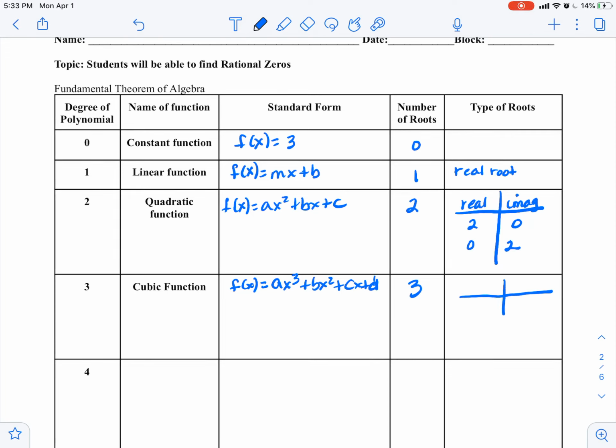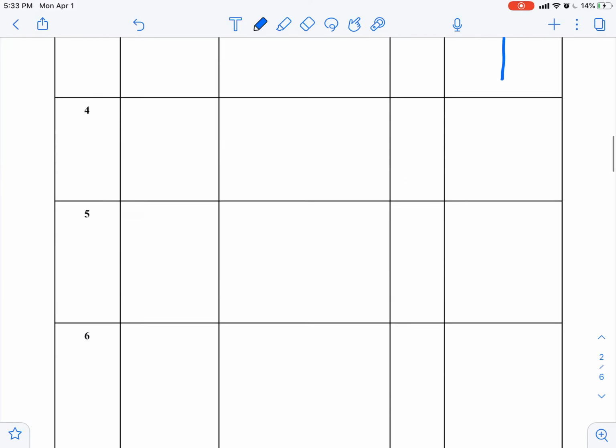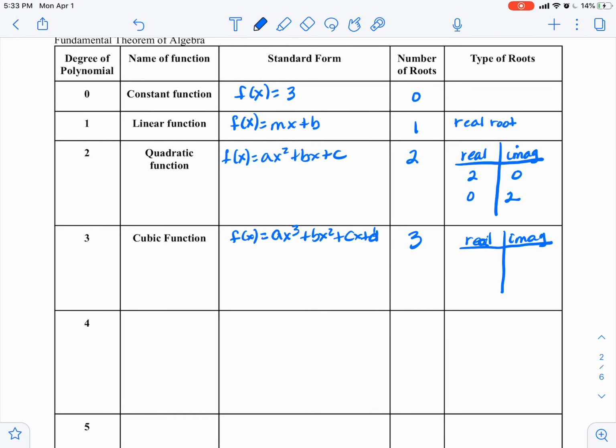And when I look at this one, we're going to have to remember a couple of things, real and imaginary. If I had 3 real, I would have 0 imaginary. That means it would cross 3 times. And remember, we talk about imaginary coming in pairs.